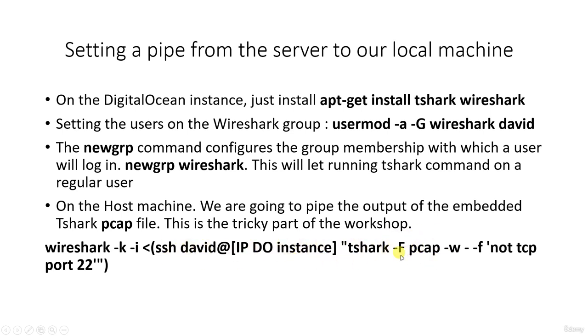So -F pcap is the default format for T-Shark. Then -w is for writing, defined as writing to standard output, and this will prompt the Wireshark GUI, which we previously installed, and it will sniff the incoming traffic.